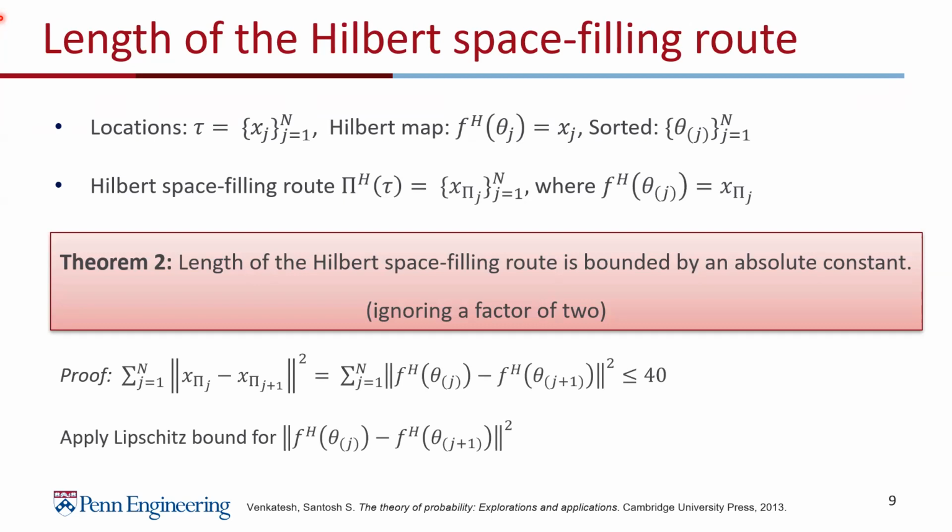You can apply Lipschitz to each of these terms in the sum, using the Lipschitz continuity argument in the previous theorem. You will get a telescoping summation if you expand out this sum. Then since you're mapping to the unit interval, the maximal distance is going to be 1. And that's why you're able to make this upper bound an absolute constant.